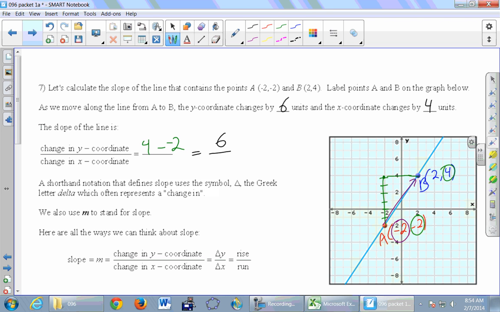X-coordinate starts at -2 and ends at +2. What can I do with those two numbers to get 4? We can subtract them. Which one minus which one? 2 minus -2. So we can put that down here. 2 minus -2 gives us our 4. So the steepness of this line, or the slope of this line, is 6 over 4, which we can reduce to 3 over 2.